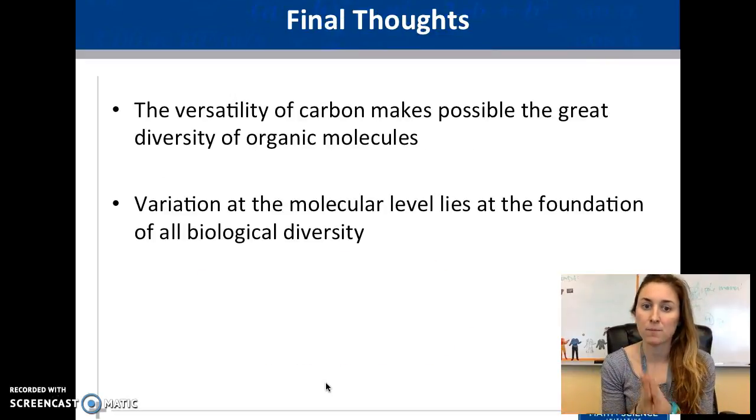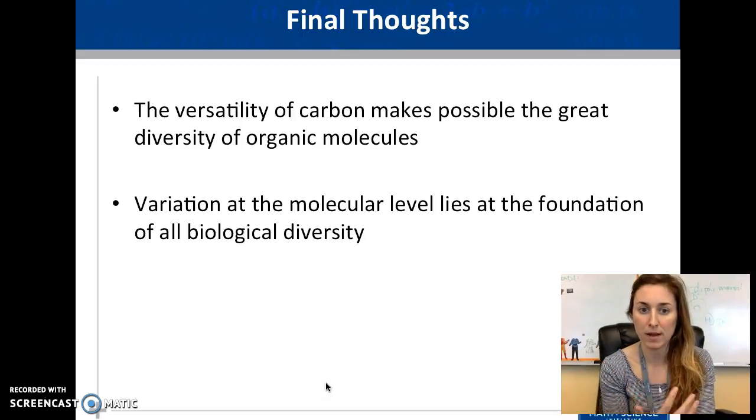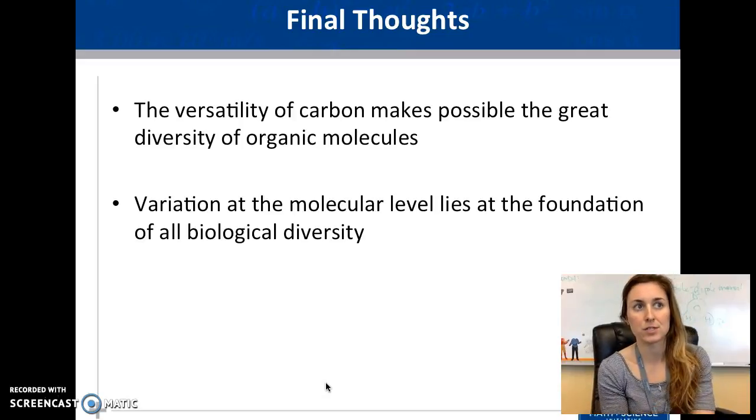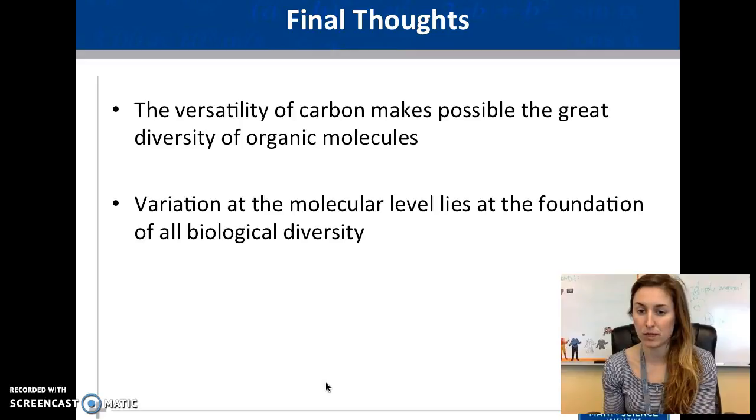Final things to think about, or to summarize, the versatility of carbon allows us to have a lot of diverse organic molecules, therefore a lot of diversity in life. If we think about all of the living things that we see, it's because carbon can be arranged in so many different ways. Variation at the molecular level allows us to see diversity at a more visual level.